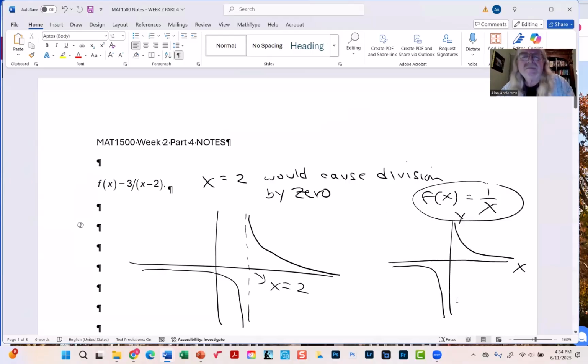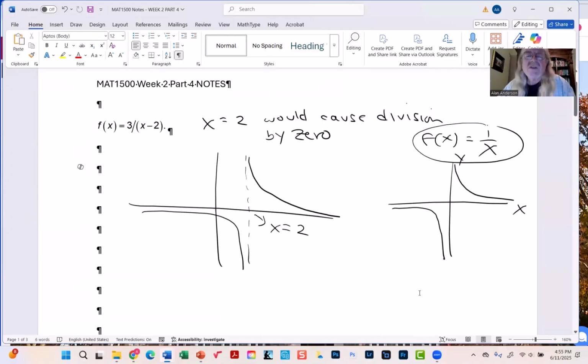Okay, great. Now here's what they want you to notice. If I approach x equals 2 from the left, notice how as I keep increasing x, the function is falling very, very rapidly as we get towards the asymptote.